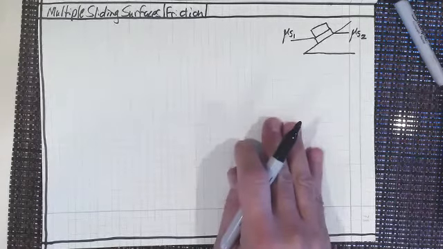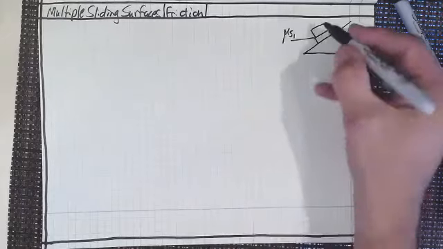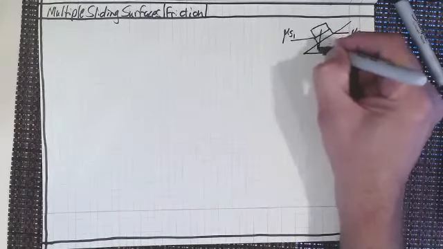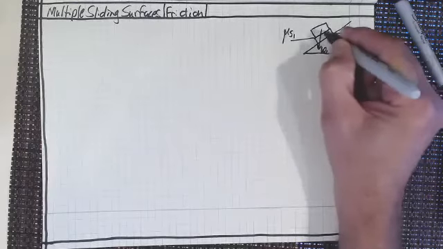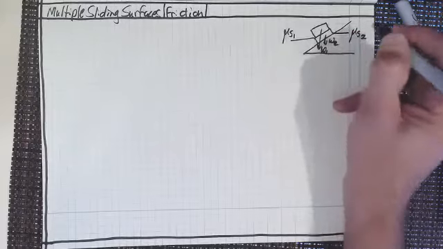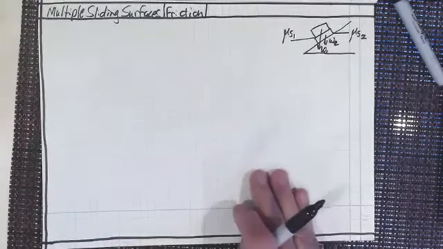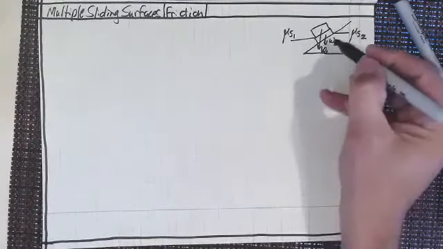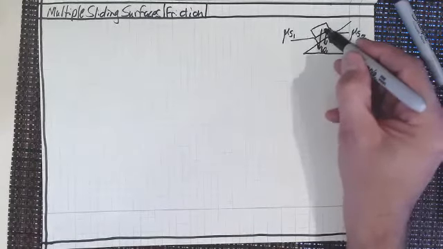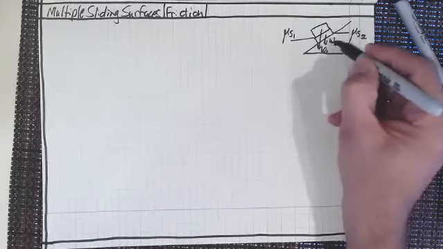So I'm going to call this weight W sub 1, and this weight W sub 2. So we have those on an inclined plane. Obviously, we're going to have components of those.